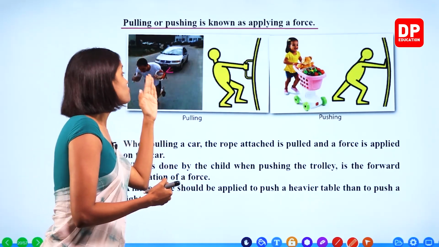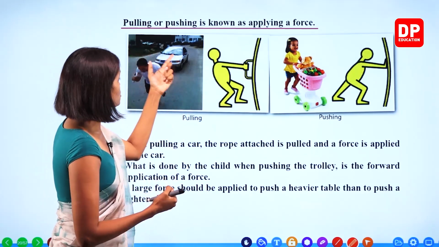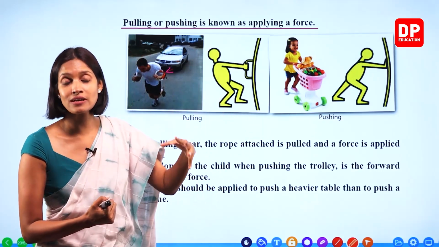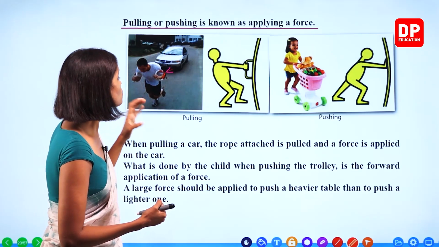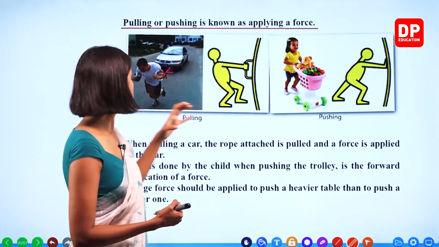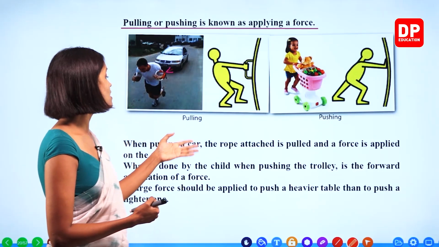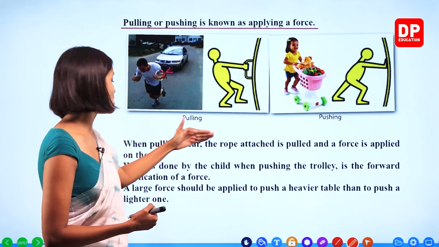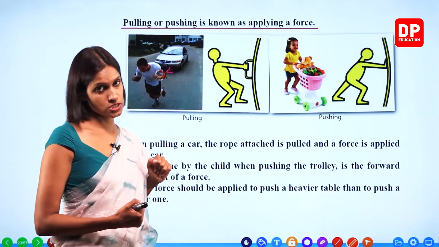When the pulling force is applied on the ropes, as the ropes are attached to the car, automatically that force is applied on the car as well. What is done by the child when pushing the trolley is the forward application of a force.